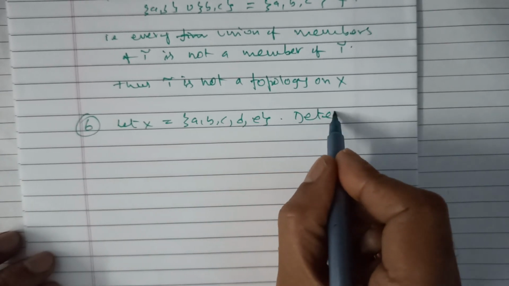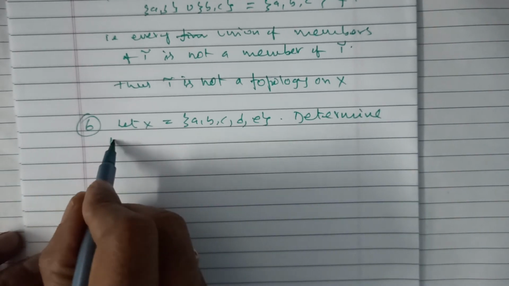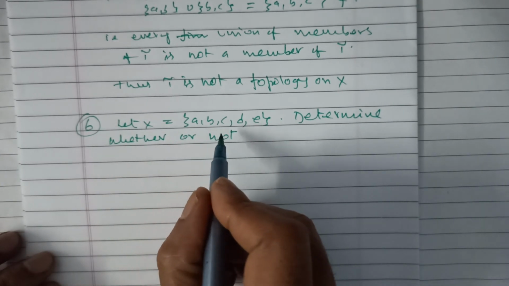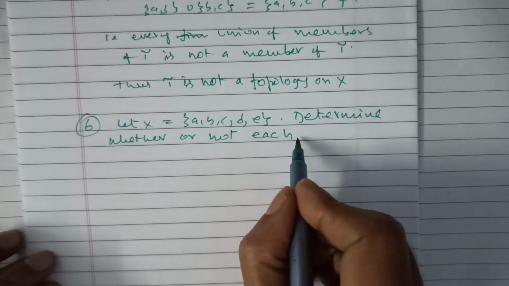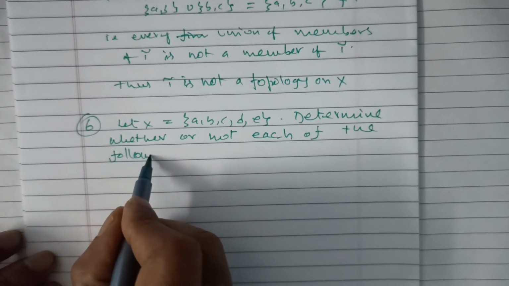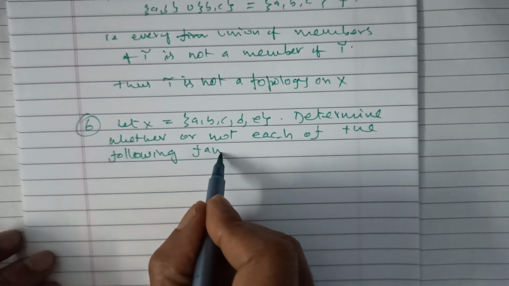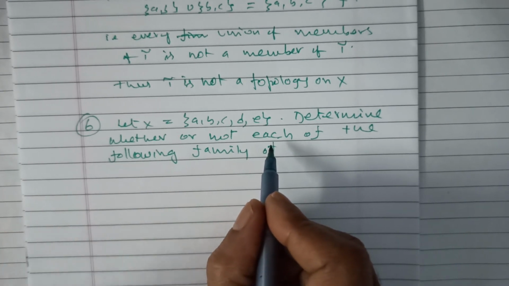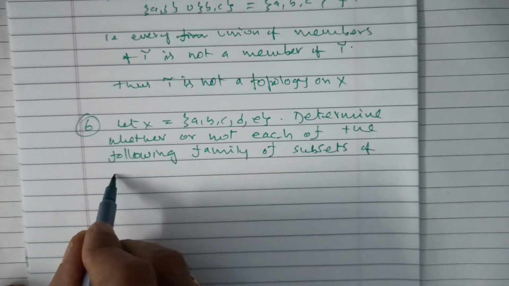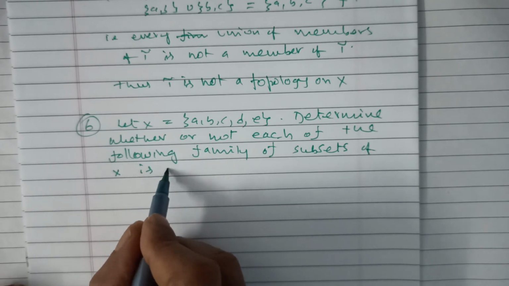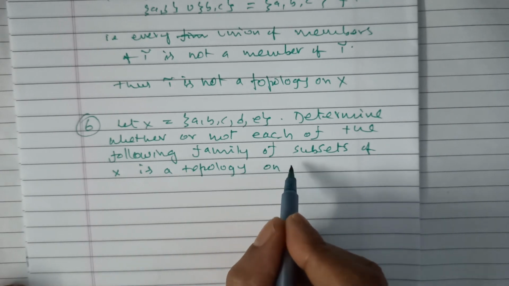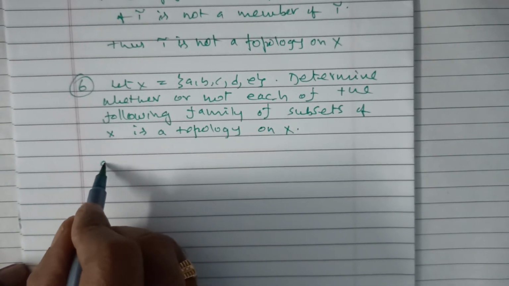Determine whether or not each of the following family of subsets of X is a topology on X.